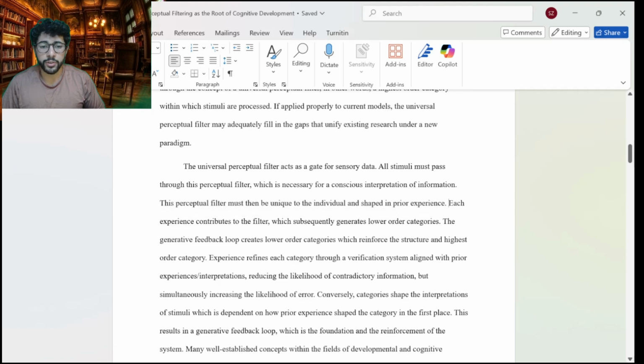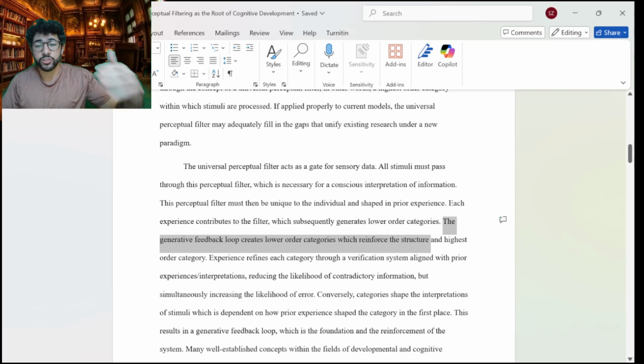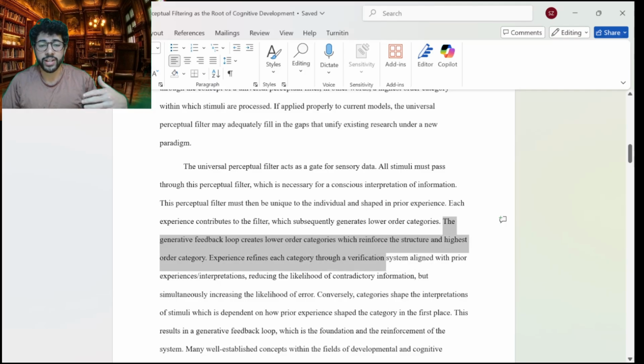So each experience contributes to the filter, which subsequently generates lower order categories. By having an experience filtered through your perception, you create lower order categories, and then the generative feedback loop creates lower order categories, which reinforce the structure of the highest order category.